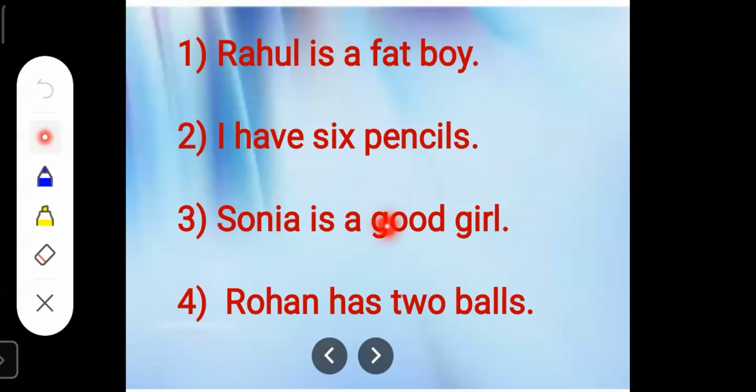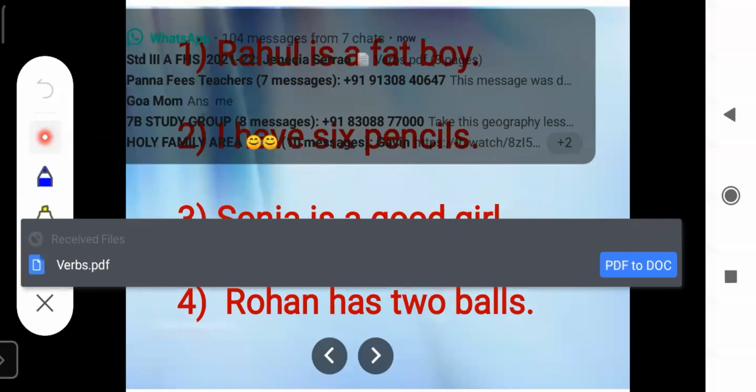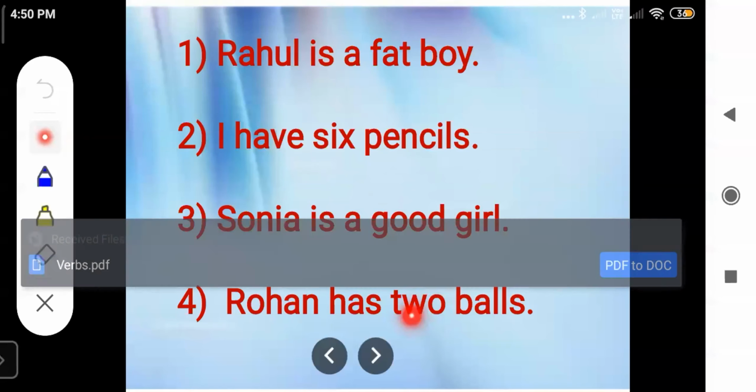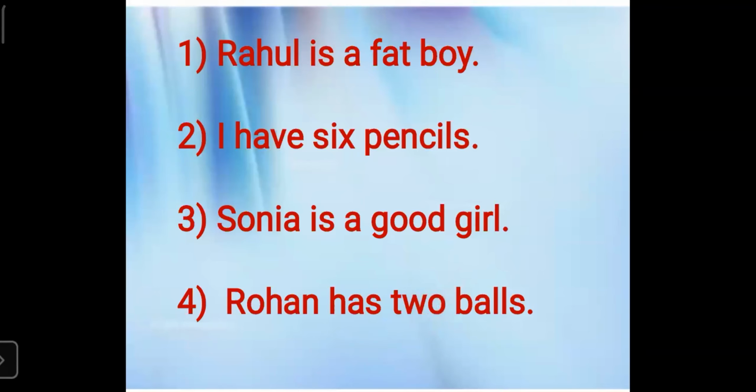So good is a describing word. Next is, Rohan has 2 balls. Rohan and balls are naming words. 2 tells us how many balls Rohan has. So 2 is a describing word because it tells us how many balls Rohan has.